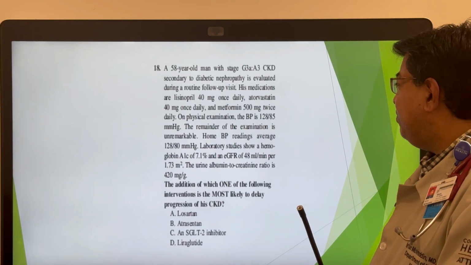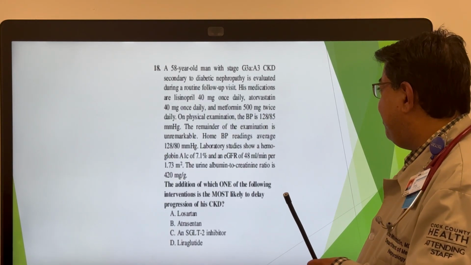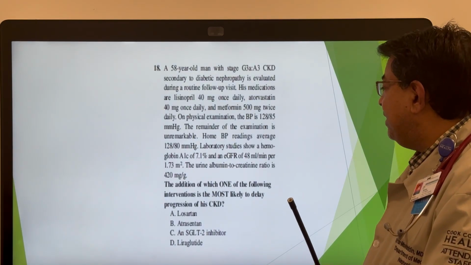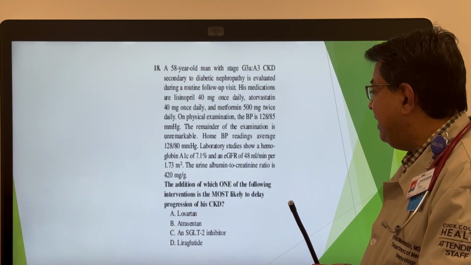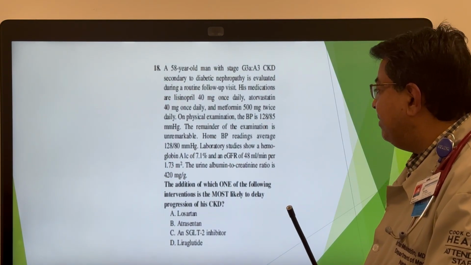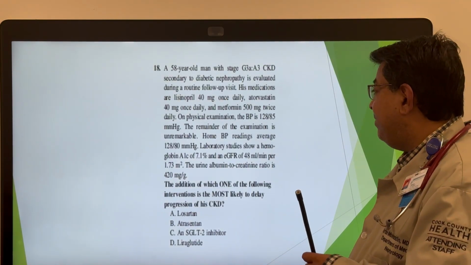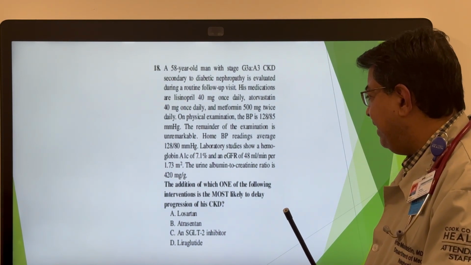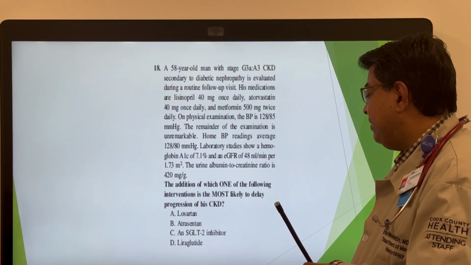So a 58-year-old man with stage 3A, A3 CKD, secondary to diabetic nephropathy, is evaluated during a routine follow-up visit. His medications are lisinopril 40 milligrams daily, atorvastatin 40 milligrams daily, and metformin 500 milligrams twice daily. On physical exam, the blood pressure is 128/85. The remainder of the exam is unremarkable.